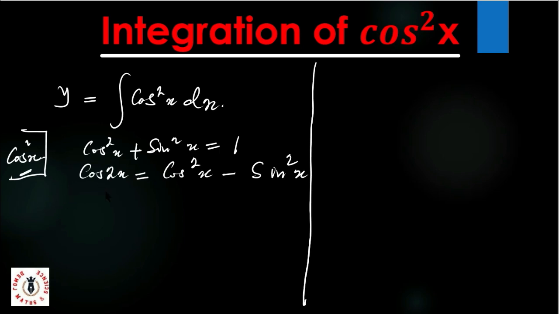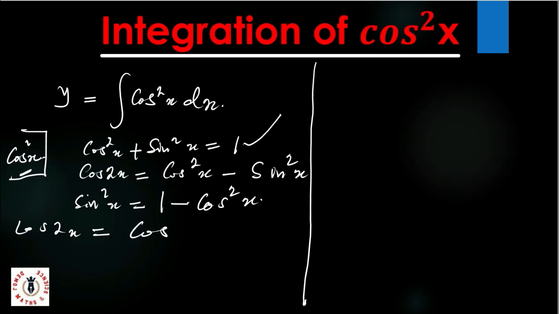Now, if cos 2x is the same thing as cos squared of x minus sine squared of x, from here we can make an expression for sine squared of x. So that sine squared of x is the same thing as 1 minus cos squared of x. Then my cos 2x will be the same thing as cos squared of x minus, in a large bracket, 1 minus cos squared of x.